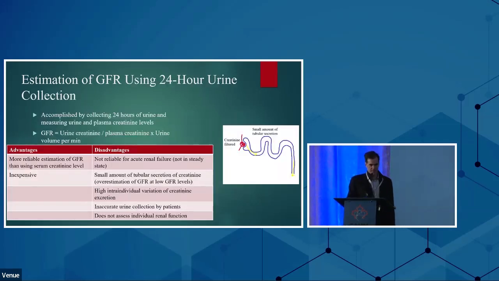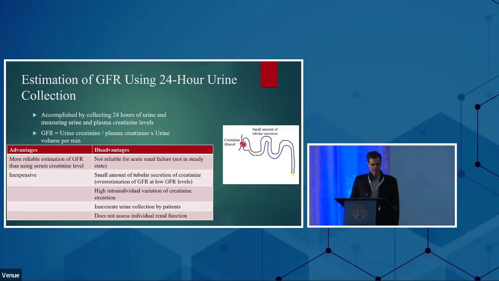The 24-hour urine collection for creatinine clearance is considered, quote, the best test that can be used, but there are some limitations as well. It's not reliable for acute renal failure because it's not in a steady state. And there's a small amount of tubular excretion of creatinine.